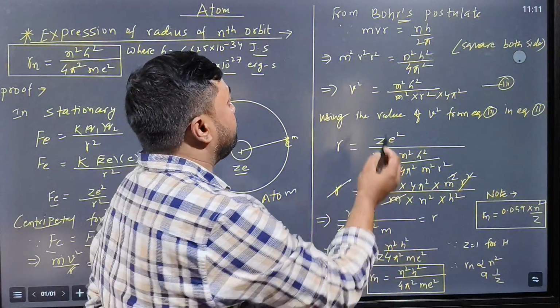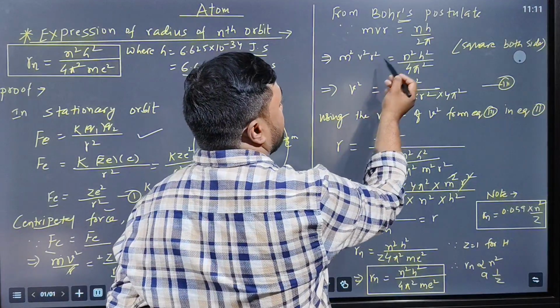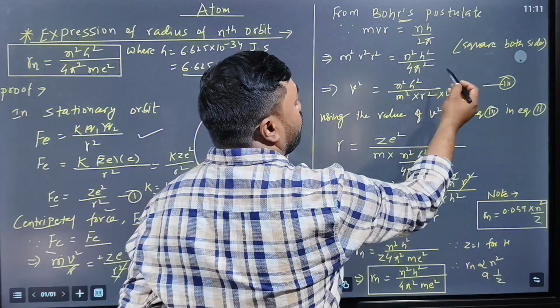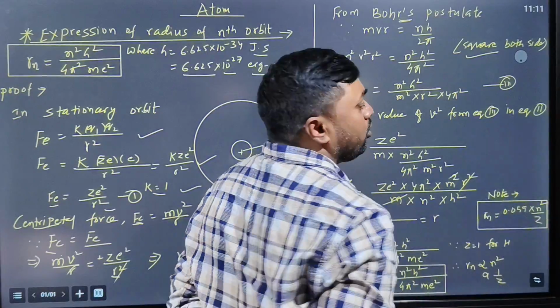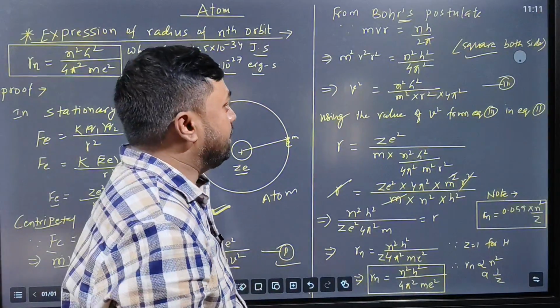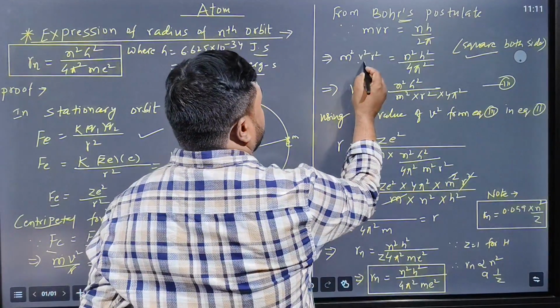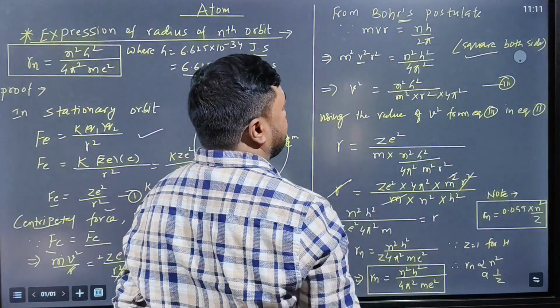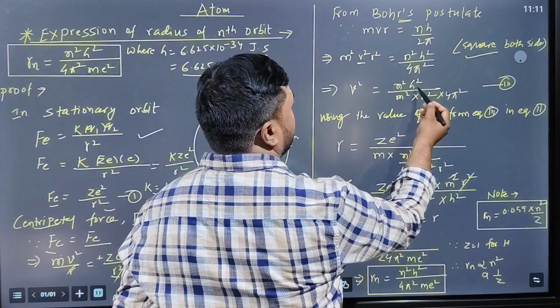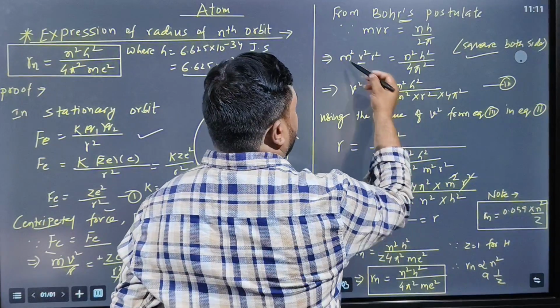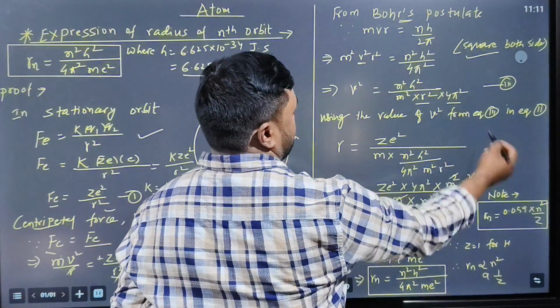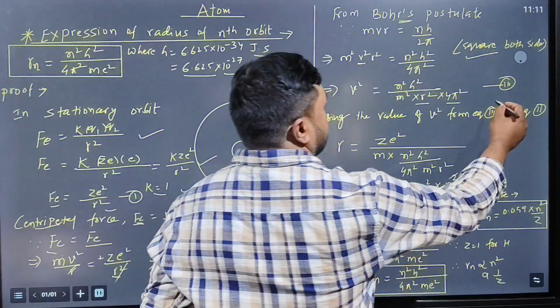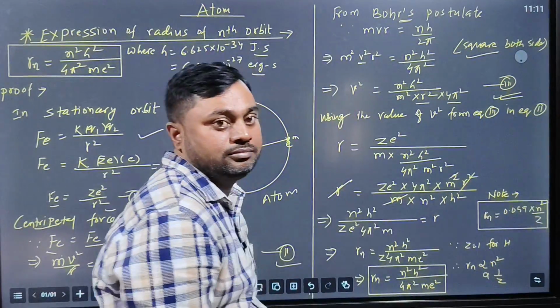Once you square both sides, we can write m square v square r square is equal to n square h square by 4 pi square. Now keep v square on the left hand side and move the remaining terms to the right hand side. So we can write v square is equal to n square h square divided by m square r square 4 pi square. Now consider this as equation 3.